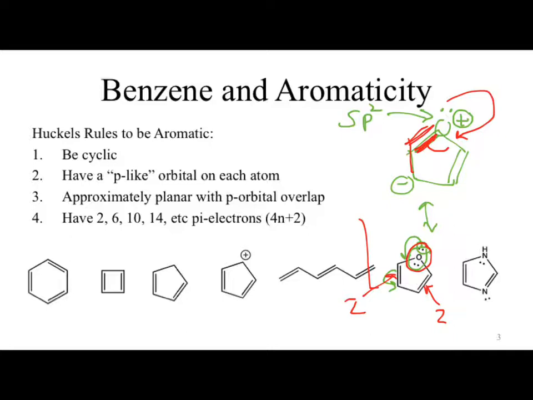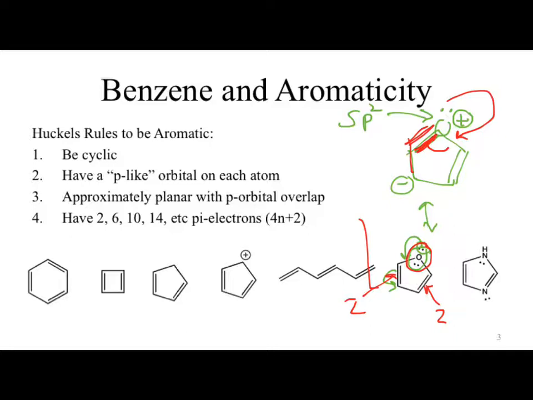If the ring is flat, running vertical here, and we look at our sp3 electrons, what happens as I rotate my index finger so that it overlaps with the pi system? Where's my thumb now aimed? Completely away from the ring. Those electrons are now in the same plane as the ring.